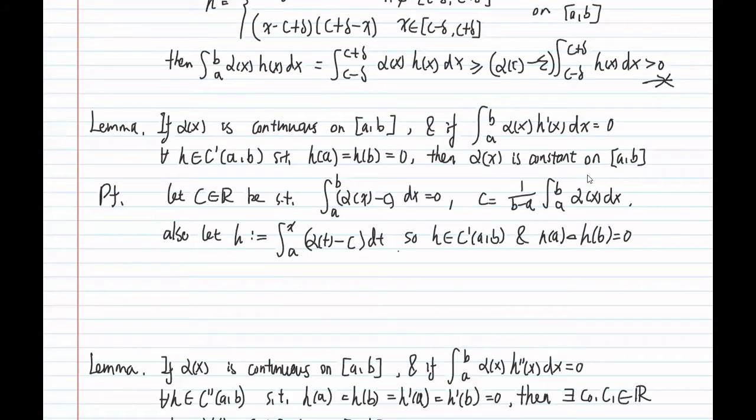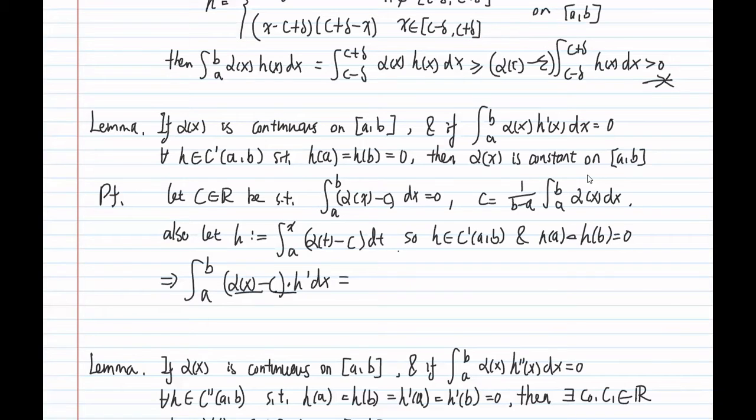Now we're going to use the following integration. We integrate from a to b of the function alpha x minus c times h prime. What does this equal?